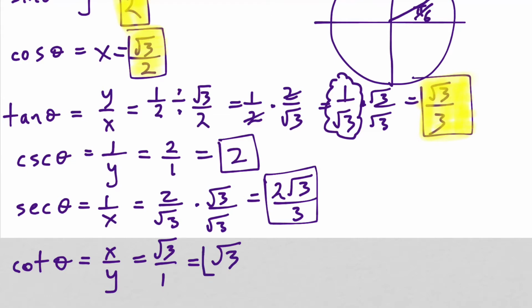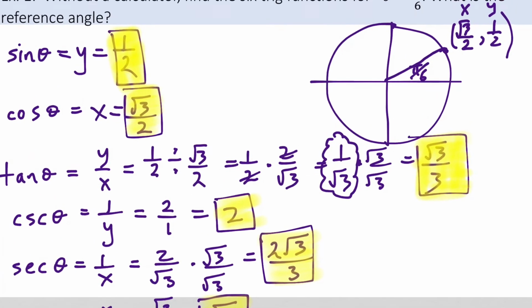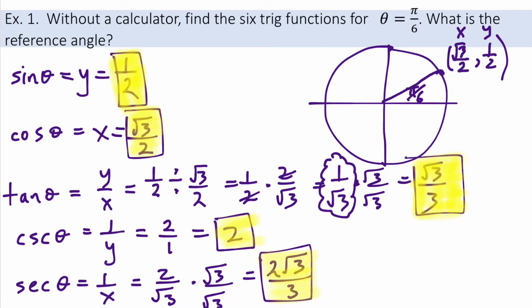So that's root 3. So I've done it all, and it did ask for the reference angle. So the reference angle is the angle that your terminal side makes with the x-axis. So in the first quadrant, it's simply the angle itself. That would be your reference angle.